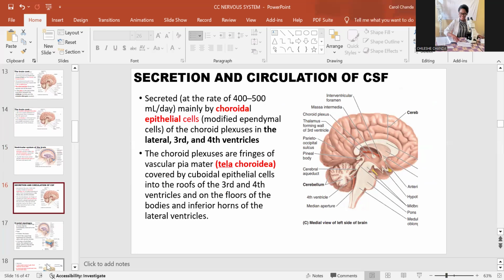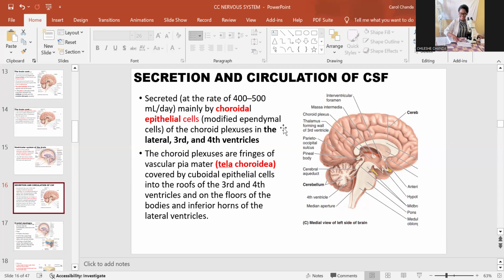Now, secretion of CSF, that is cerebrospinal fluid. Cerebrospinal fluid is secreted at the rate of 400 to 500 mL a day by the choroidal epithelial cells. These are modified ependymal cells, like we already talked about.